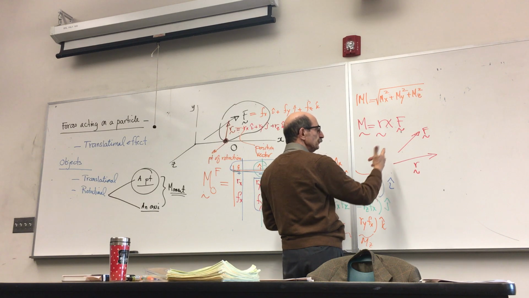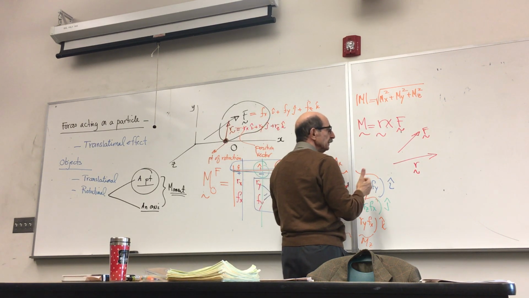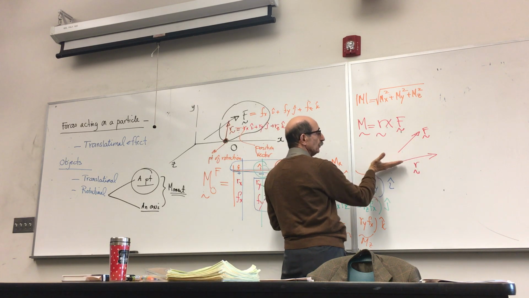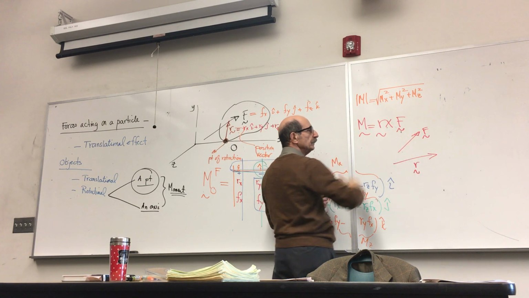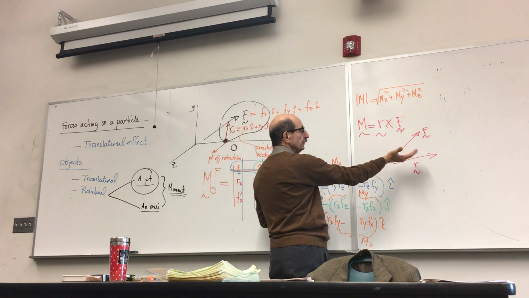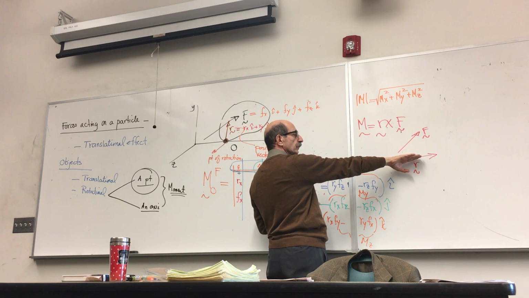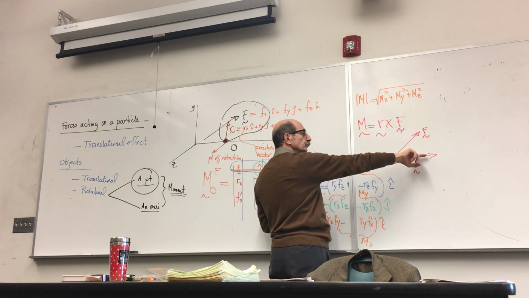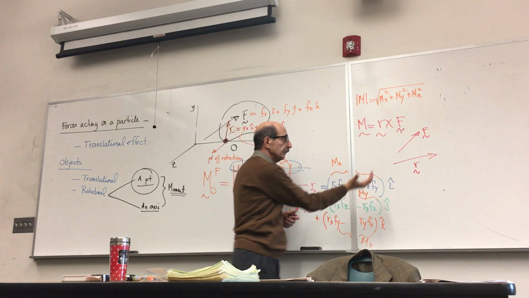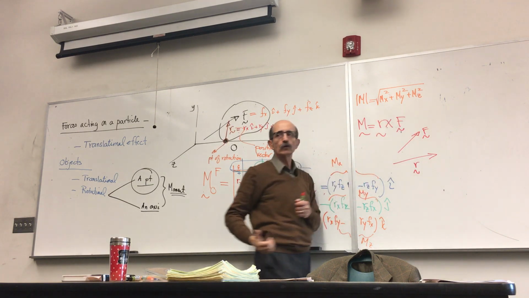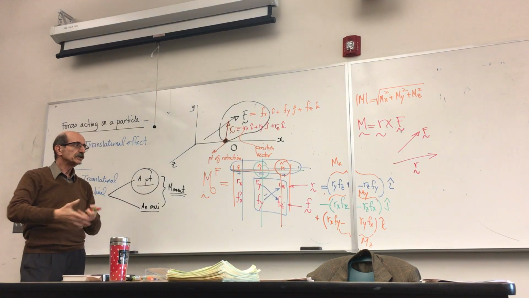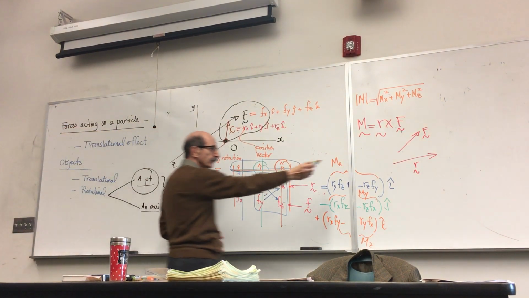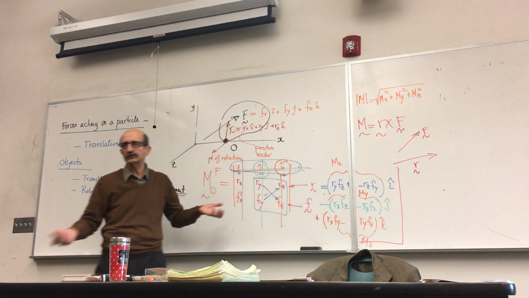To find the actual direction, you put your fingers along the first vector such that as your fingers tilt, this tilting can move this first vector towards the other one. That's the only way you can do that, because if you put your fingers like this, when your fingers tilt, it would move this away from that. So if that's the way, then your thumb shows the direction of that. You don't need to know that. It's confusing. You don't need that, because this vector equation is fully describing the direction anyway.